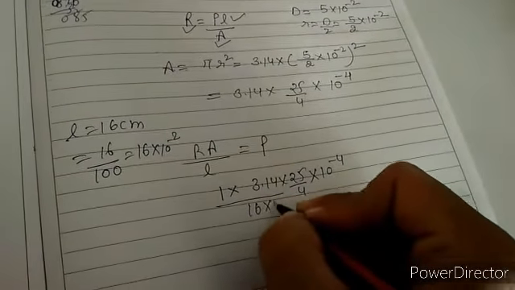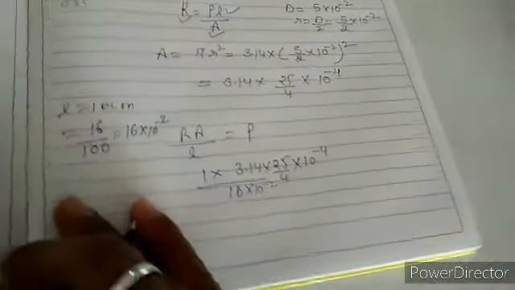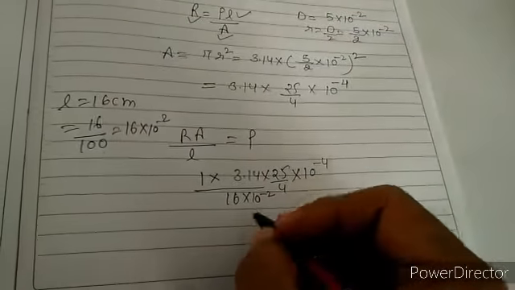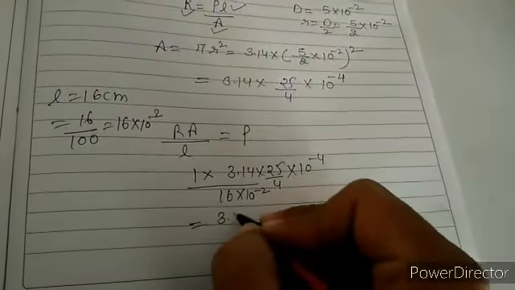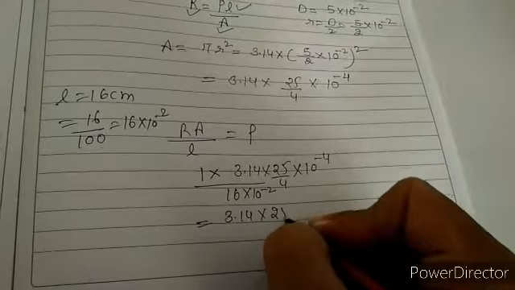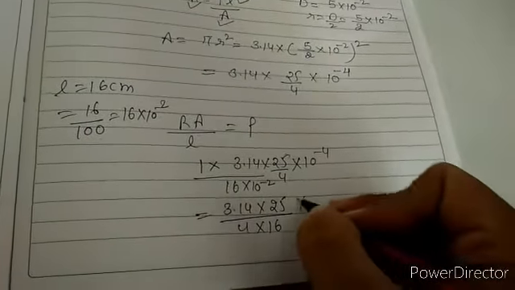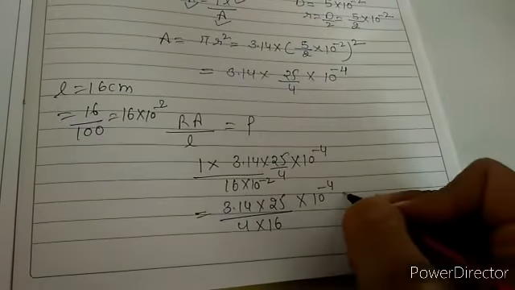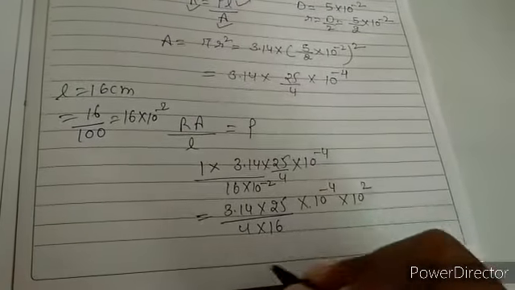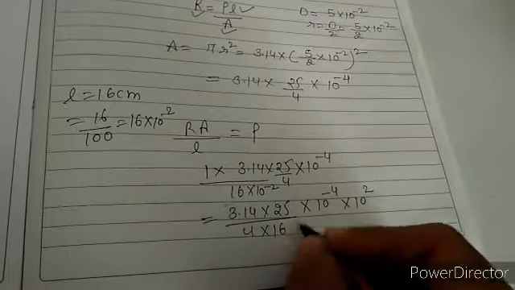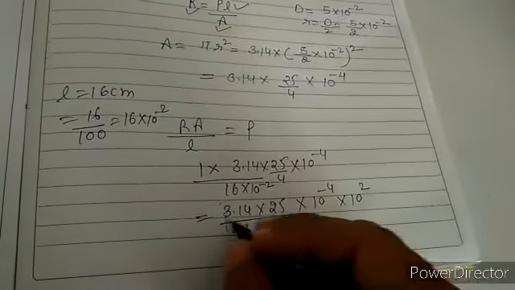So the answer will be 3.14 into 25 divided by 4 into 16 into 10 raised to power minus 4 into 10 raised to power plus 2. So we will calculate this value.